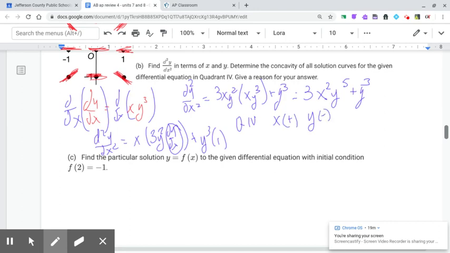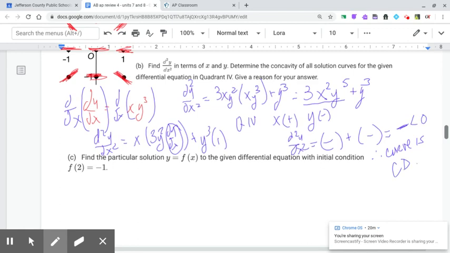So what would this look like? Well, 3x squared y to the 5th would be positive, positive, negative, so this first term would be negative. Y cubed would be negative. So overall, this would be negative. And because the second derivative is negative, the curve is concave down.